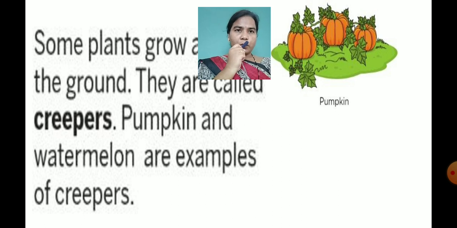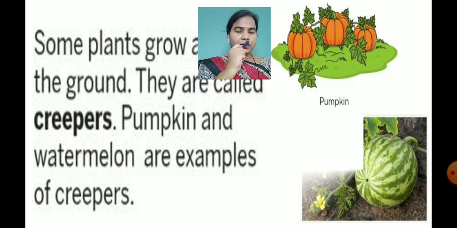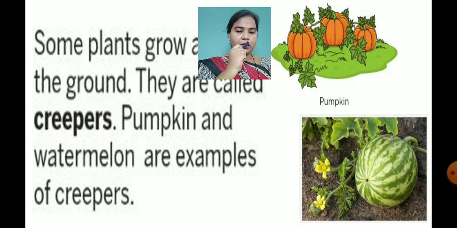Such plants are called creepers. What is meant by creeper? The plants which grow along the ground are called creepers. The examples are pumpkin and watermelon.